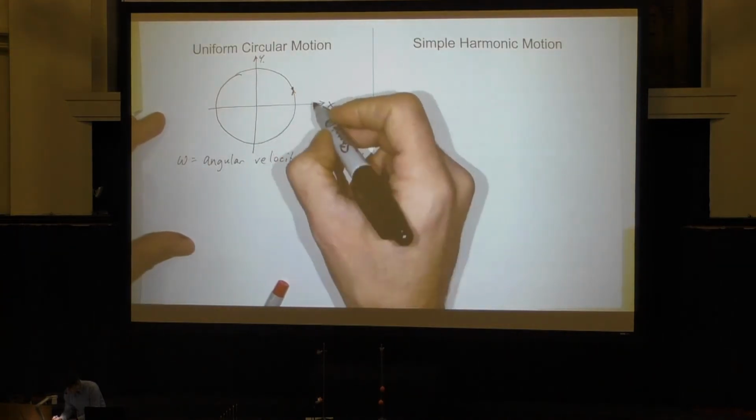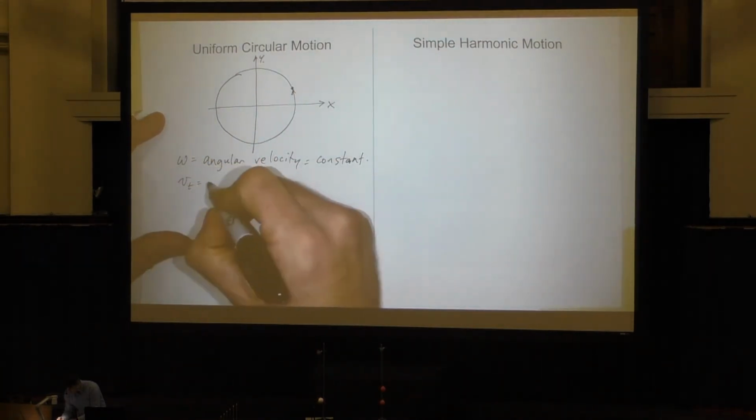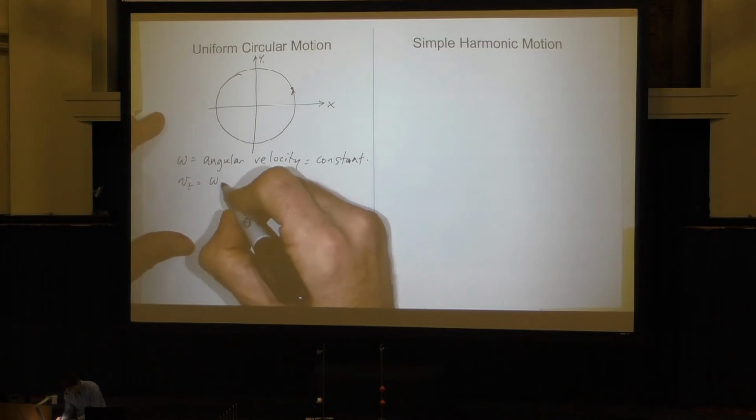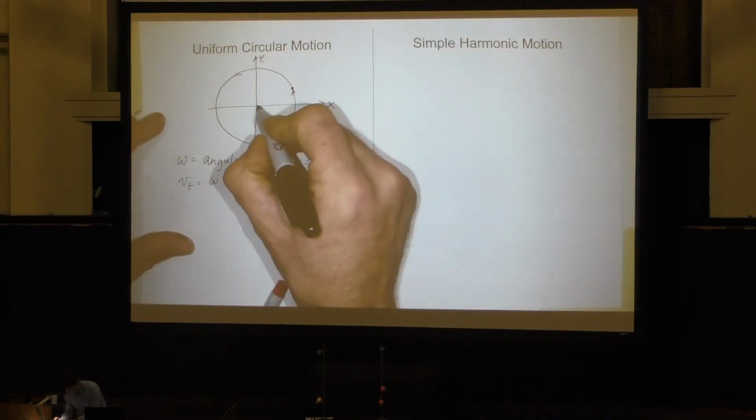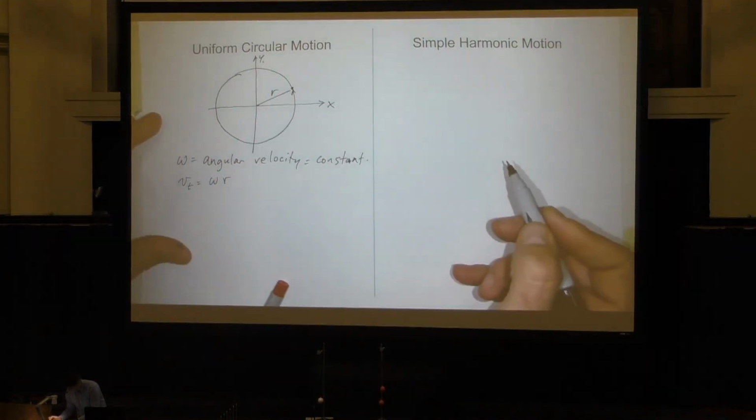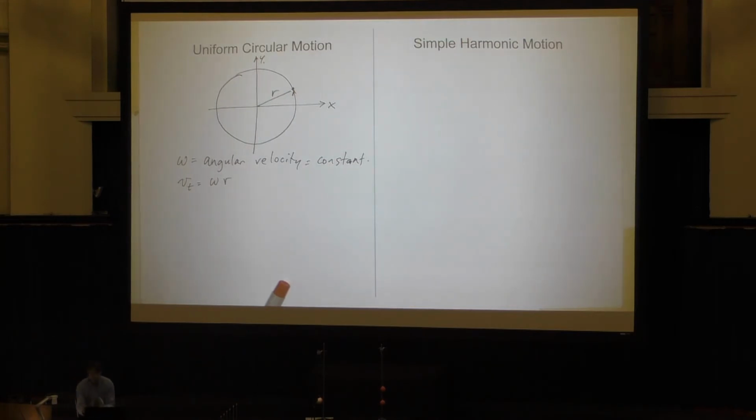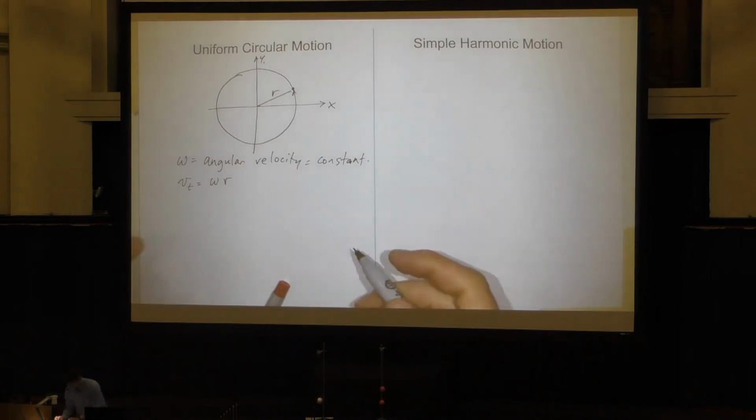And here's your object, and v_t is equal to omega times r, where this is your r here. And if you think more about that, we could look at what is x?